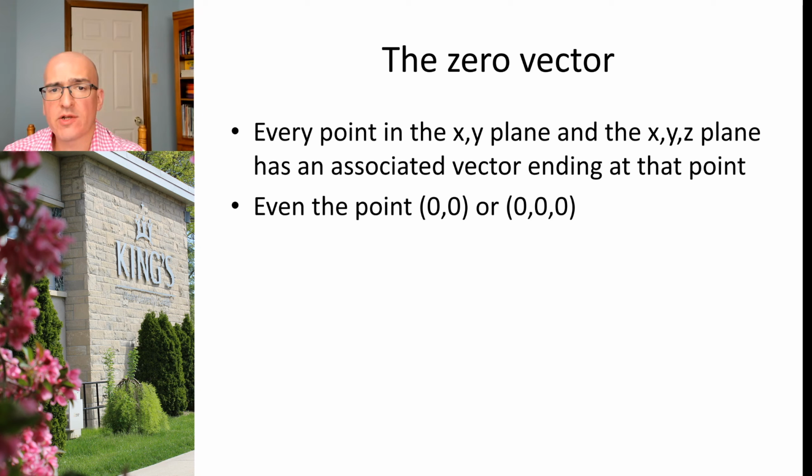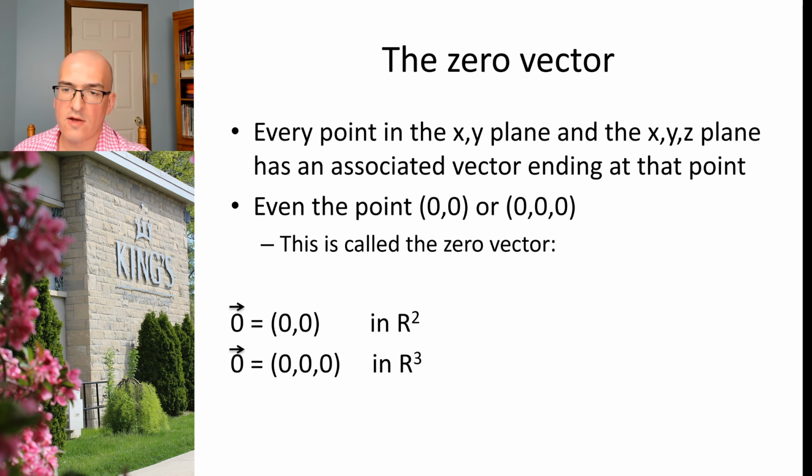Now, I mentioned earlier that there's this so-called center of a coordinate system, the point 0, which can have a different number of coordinates. So in 2D, it's 0, 0. In 3D, it's 0, 0, 0. There's also something called a zero vector.